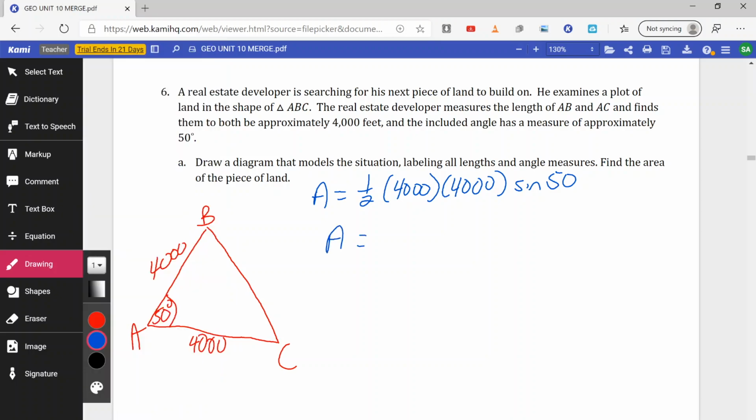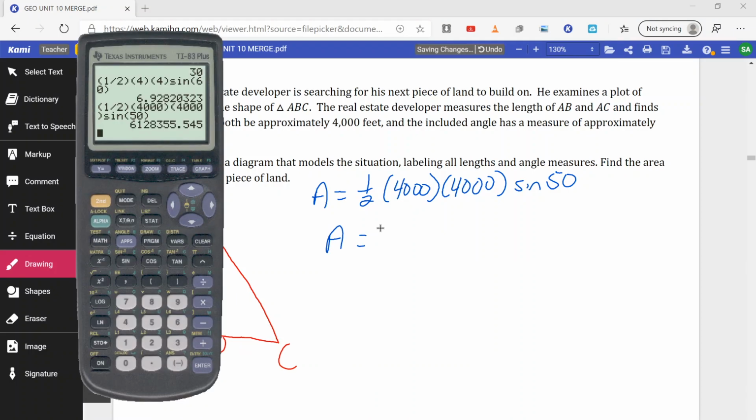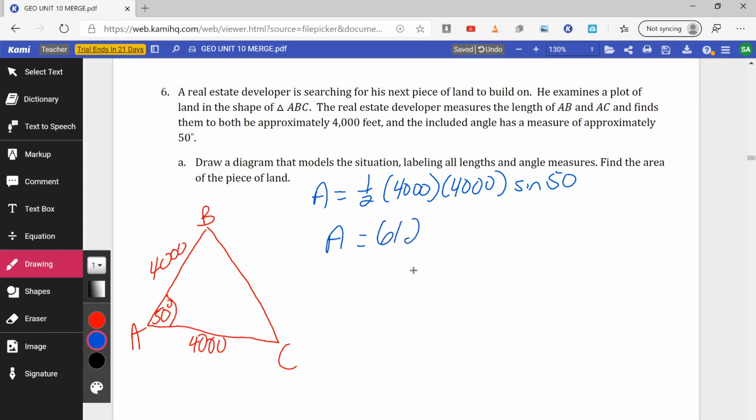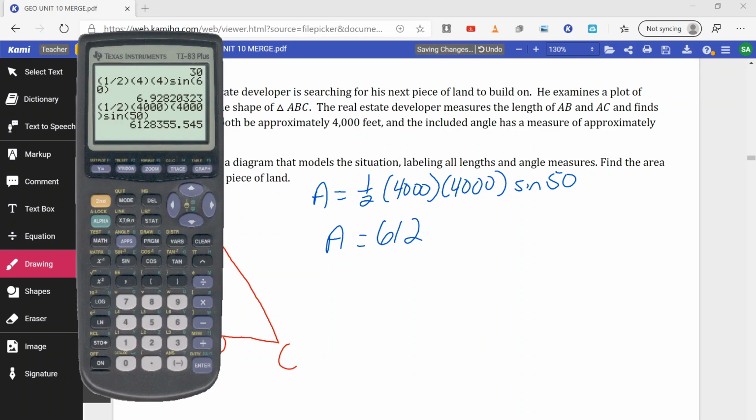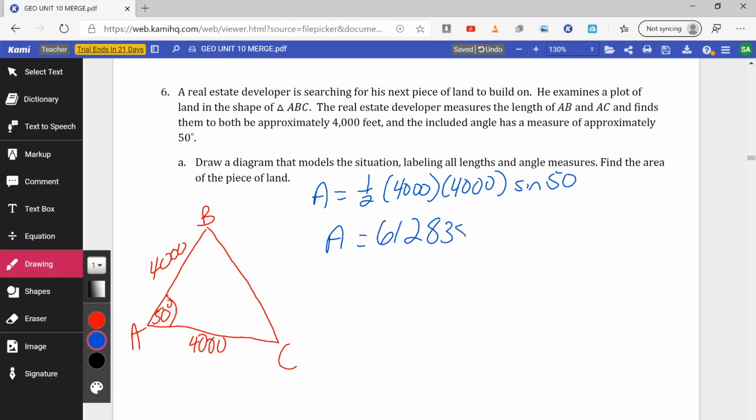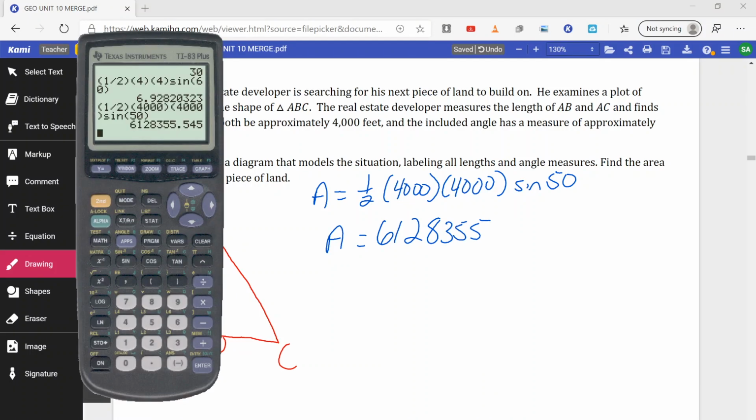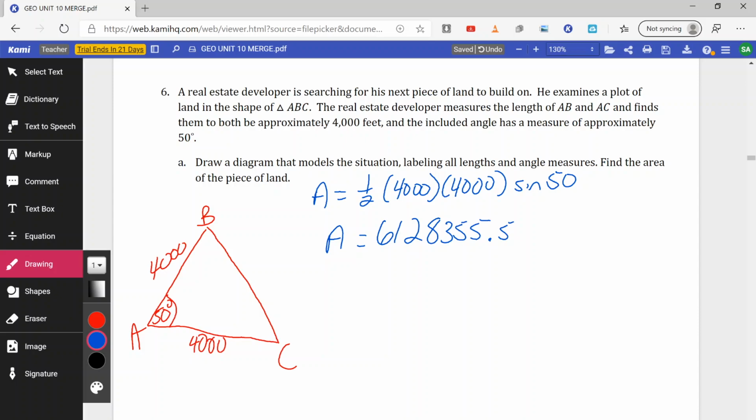So that is a nice big plot of land. And again, they gave us a unit of measurement, so it'd be square feet in our case.